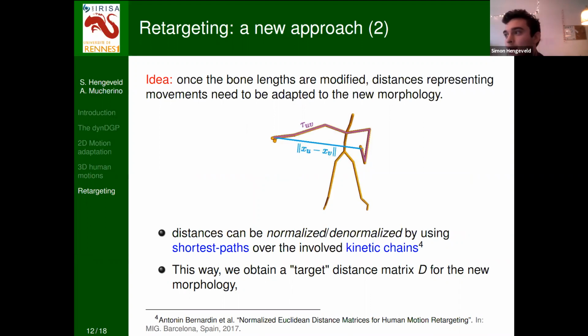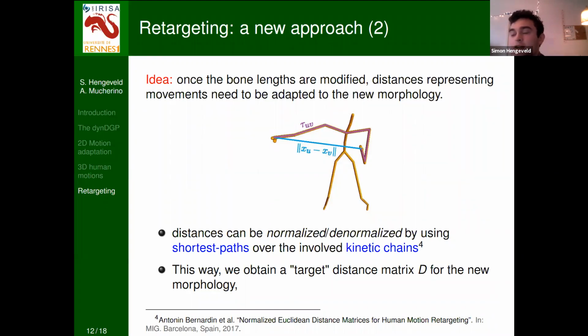But of course, once these skeletons have a different morphology, we should also make sure that we transform this distance matrix of the original skeleton somehow, so that we have these distances in the same terms. This can be done by a normalization and denormalization process using the shortest path between two joints.